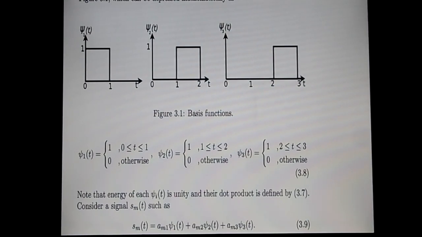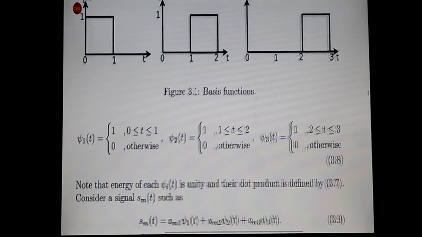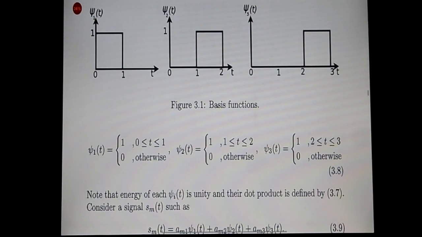You should be able to represent your basis functions mathematically, and you can see here just below figure 3.1 we have three equations for psi 1 of t, psi 2 of t, and psi 3 of t, which is equation 3.8.